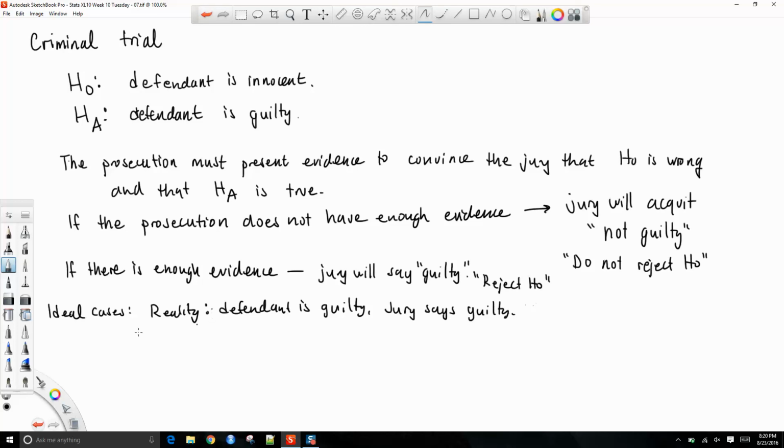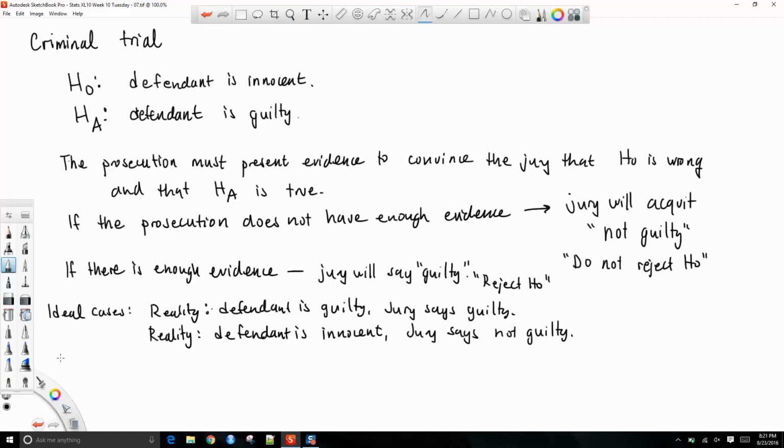Or the reality is that the defendant is innocent, then the jury says not guilty. Okay, those are the ideal scenarios. That's what we want, okay? Or, you know, if it's a bench trial, a judge, something like that.